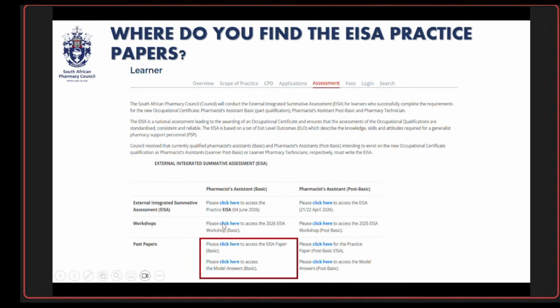Then you can also go and view the presentation slides on them. And you'll see here where it says EISA, and there is a date here. This is the date of the next EISA. The next one for us in this case is the practice EISA scheduled for the 4th of June, and this is where you will access the exam on the day. You can't access this tab except on the day of the actual exam.